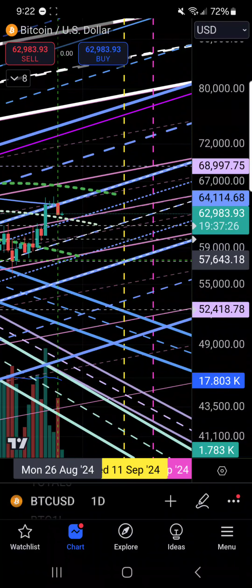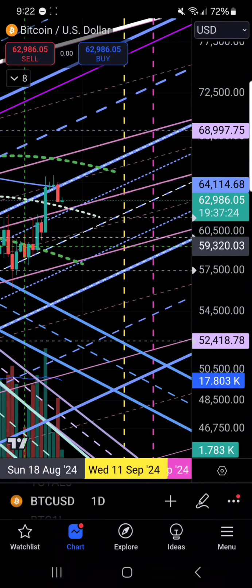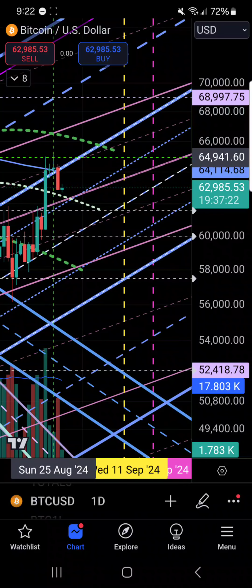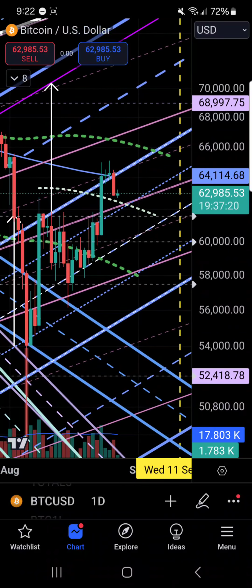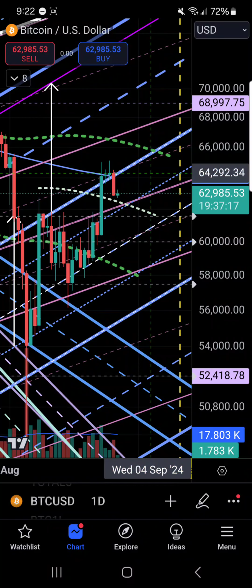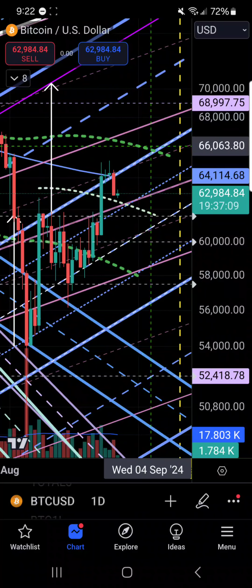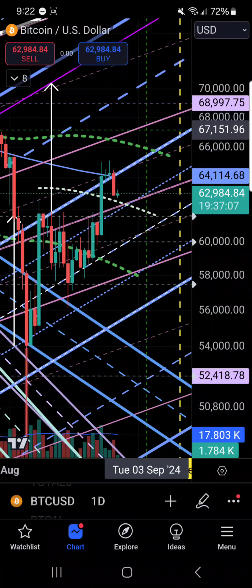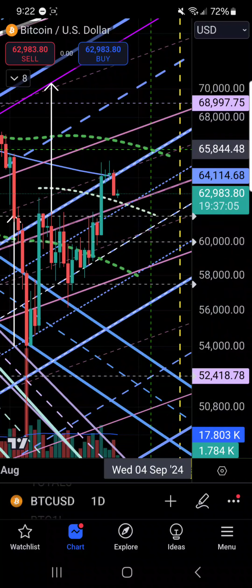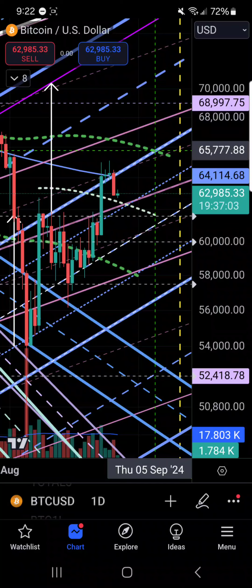I just noticed that when we did retest the top of the Eve here, that's right on the mean band of the daily Gaussian channel as well. So it makes sense that we hold this and bounce and shoot through the top of this channel. Possibly come back down and retest it here Thursday at 65,777, which is quite odd.